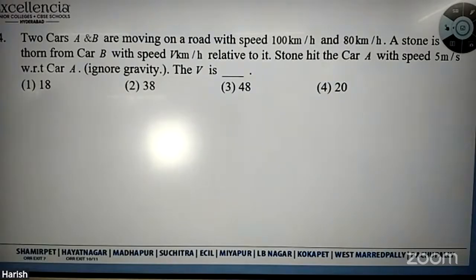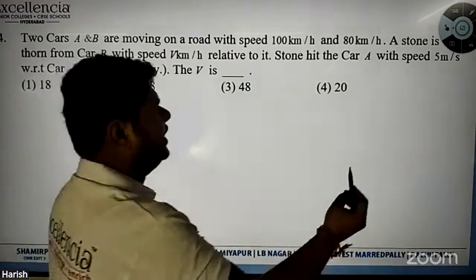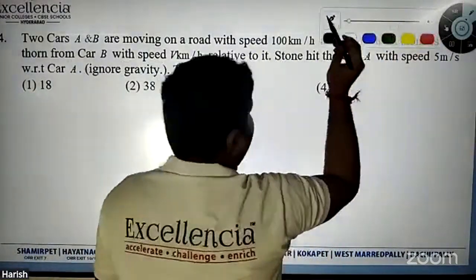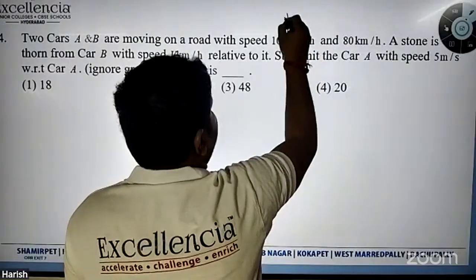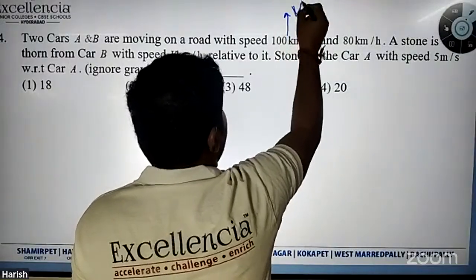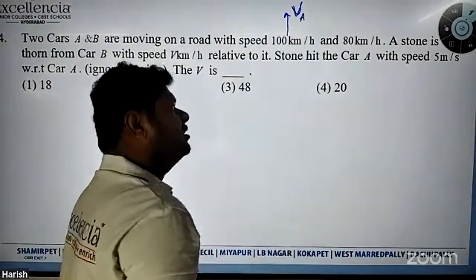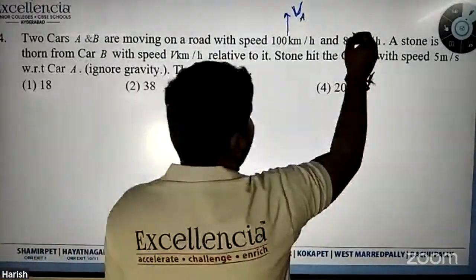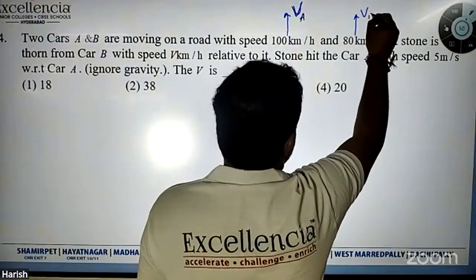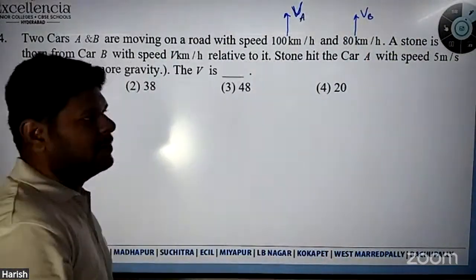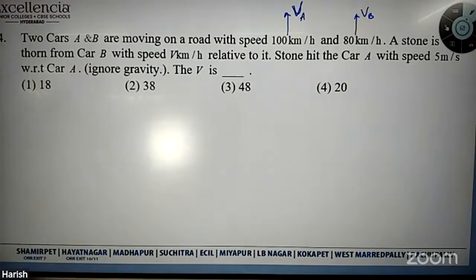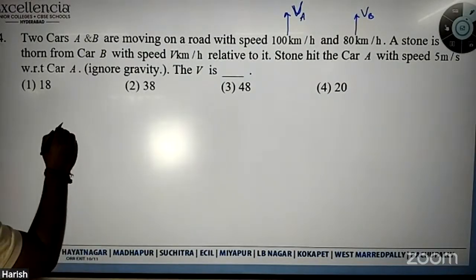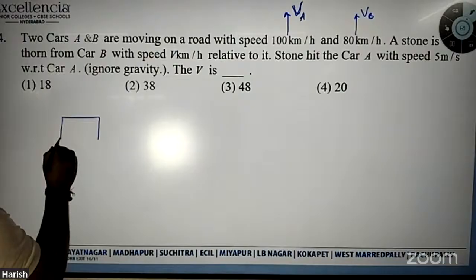Given that two cars A and B are moving on a road with a speed of 100 kilometers per hour. So the speed of A, VA, is given as 100 kilometers per hour, and VB, the speed of car B, is given as 80 kilometers per hour. Now, if you want, you can draw a diagram also here.